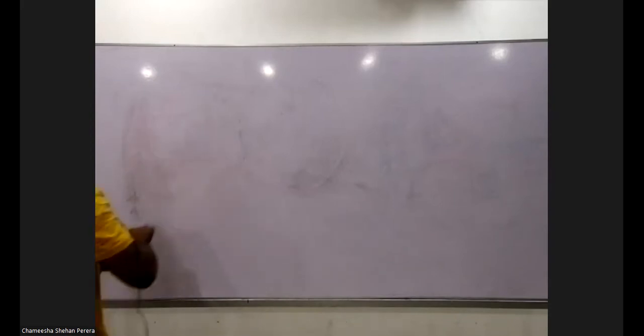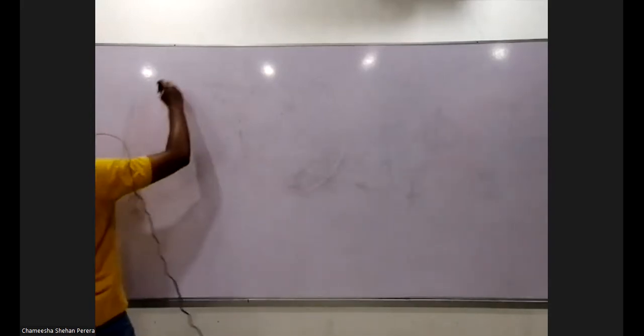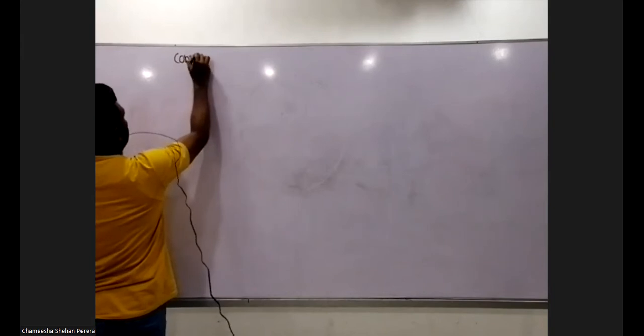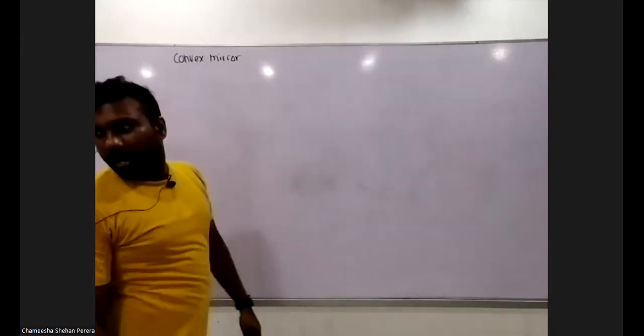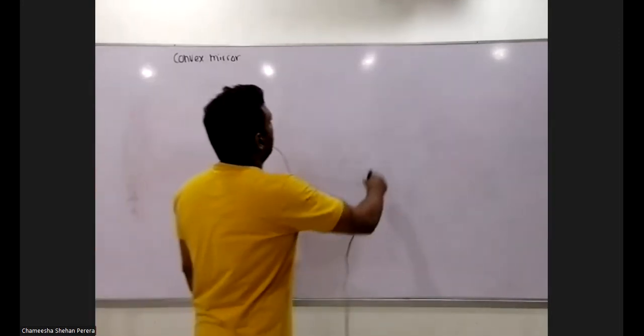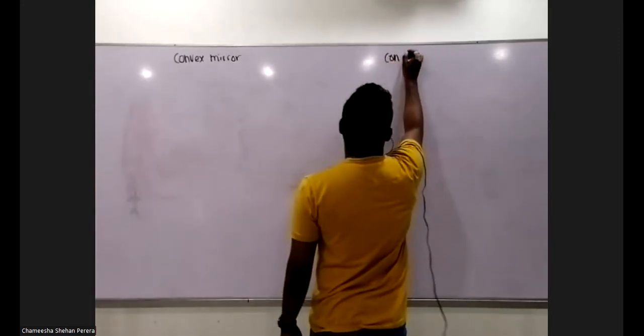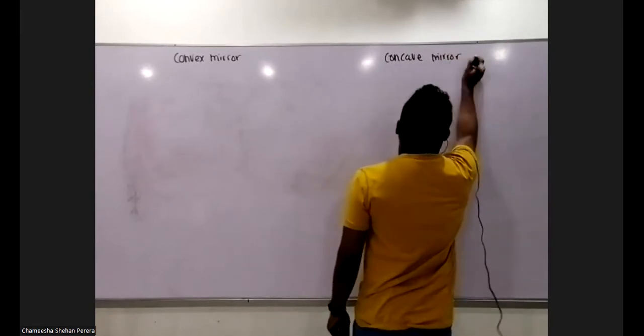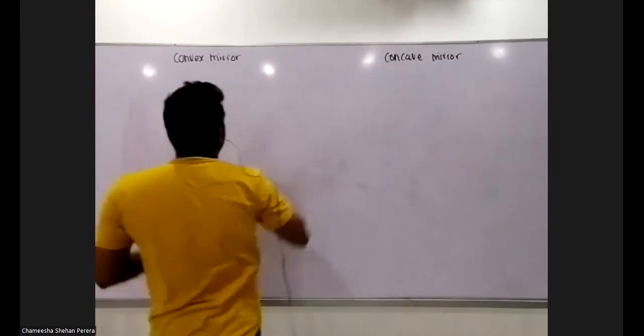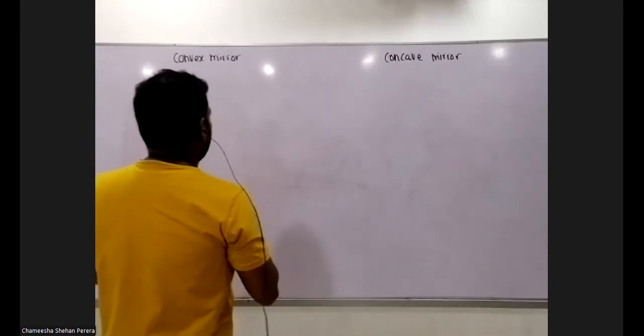So on the first side you have a convex mirror, and on the other side you have a concave mirror. ඔයා මේක දෙකට බෙදා ගන්නවා නම් that's better. Concave mirror. Because I will be telling you some things also, right?